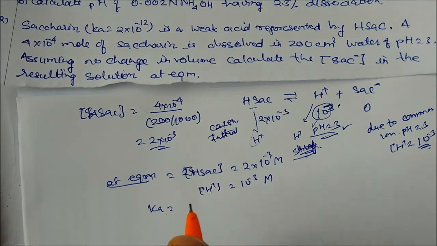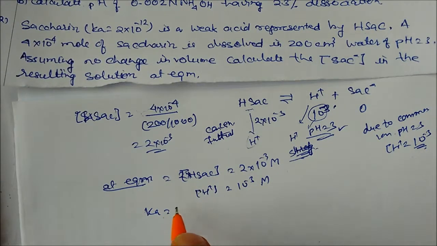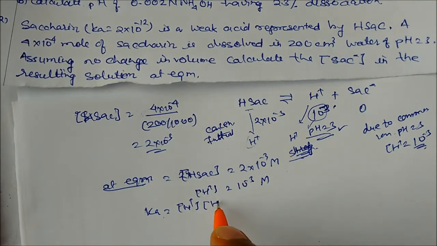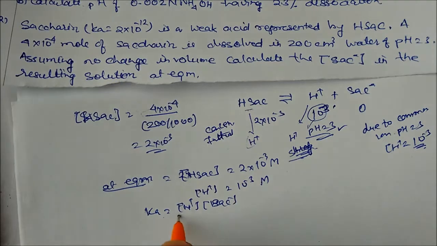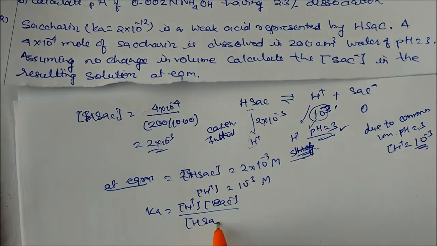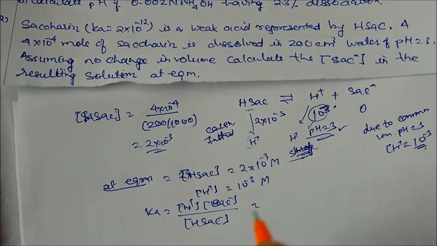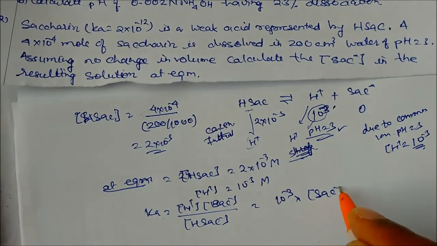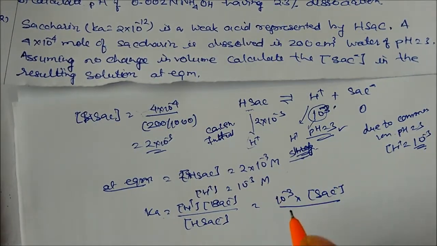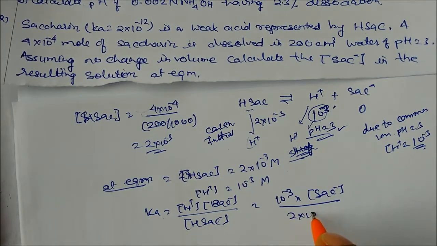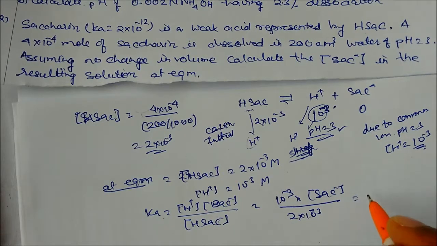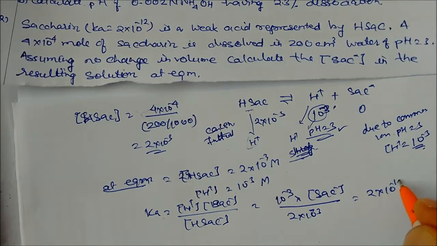Ka will be H plus into concentration of SaC minus divided by concentration of HSaC. H plus we know is 10 power minus 3, and concentration of HSaC we know is 2 into 10 power minus 3, but the concentration of saccharine ion we don't know, and the dissociation constant of the acid, 2 into 10 power minus 12, is also given.